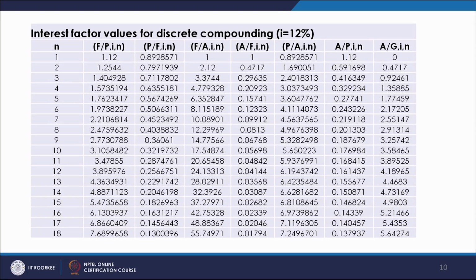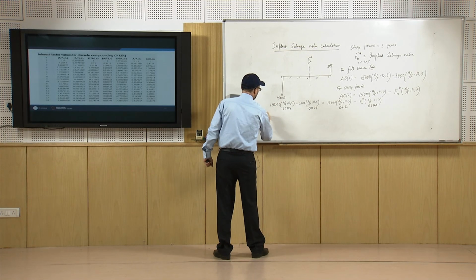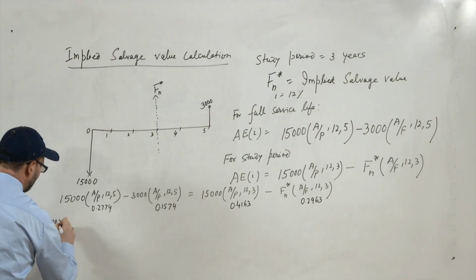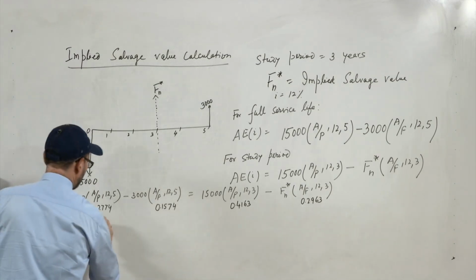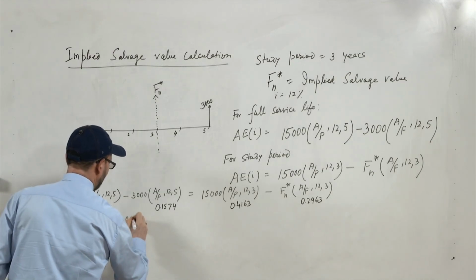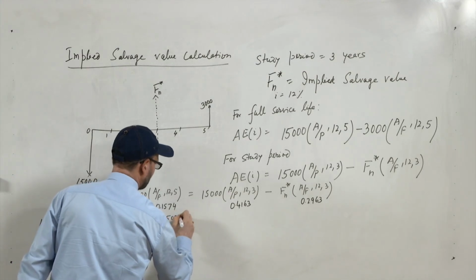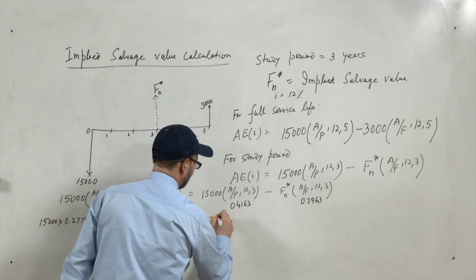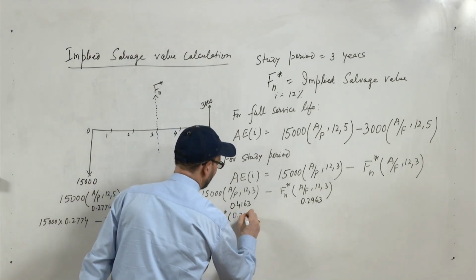So, you can do the calculation here. Now, 15,000 multiplied by 0.2774 minus 3,000 multiplied by 0.1574 should be equal to 15,000 multiplied by 0.4163 minus Fn star multiplied by 0.2963.